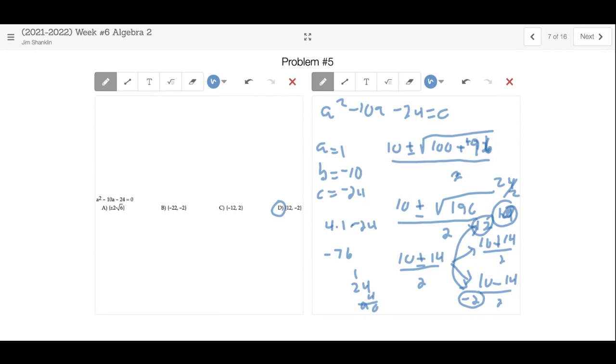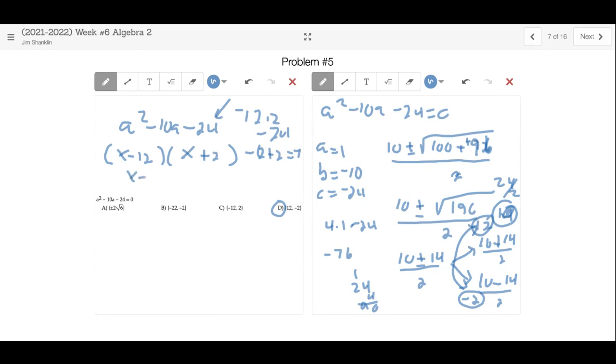Now, let's do the same problem factoring. Let's remember our factoring skills. Okay? What two numbers multiply to give us this but add up to this? Well, negative 12 times 2 is negative 24. Negative 12 plus 2 is negative 10. So this would be x minus 12, x plus 2.